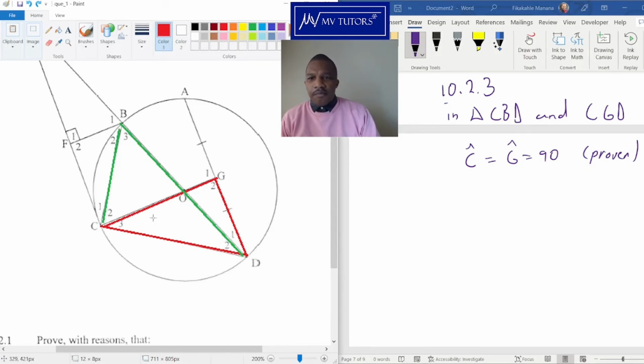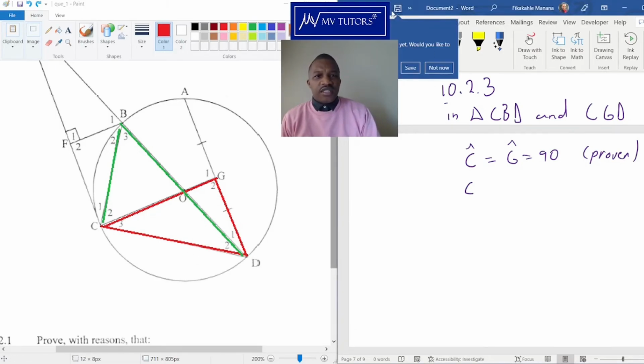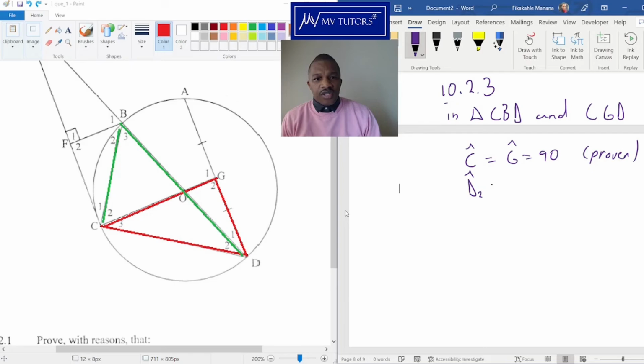Let's see. Is there a reason why C3 would be equal to D2? Yes. So we can say angle D this side, which is actually D2, is equal to the angle C on the red one, which is actually C3.